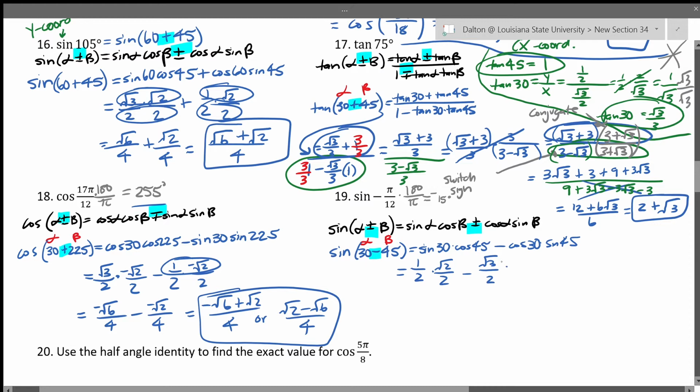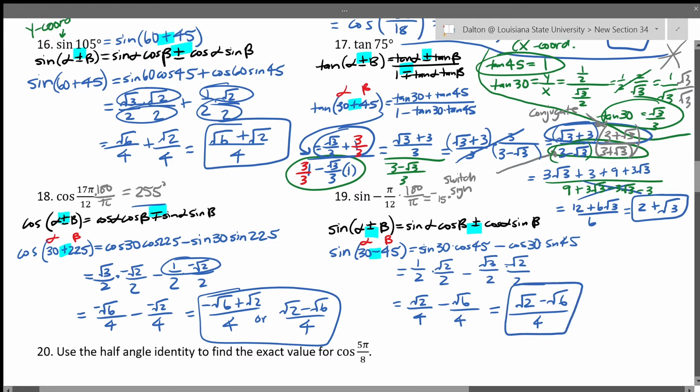Times sine of 45 is square root of 2 over 2. Simplify these fractions, we'll multiply straight across. Square root of 2 over 2 times 2 is 4. Minus square root of 3 times square root of 2 is square root of 6. Over again, 2 times 2 is 4. Clean it up one more time. These fractions have common denominators, so I could rewrite it as square root of 2 minus square root of 6 all over 4.